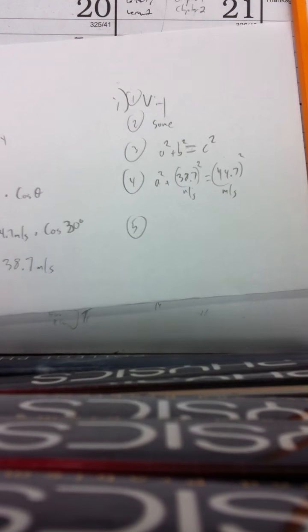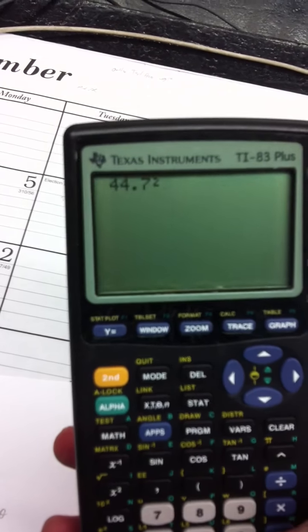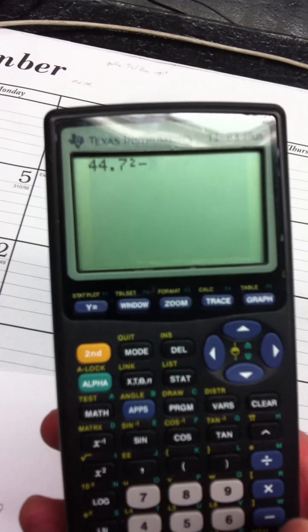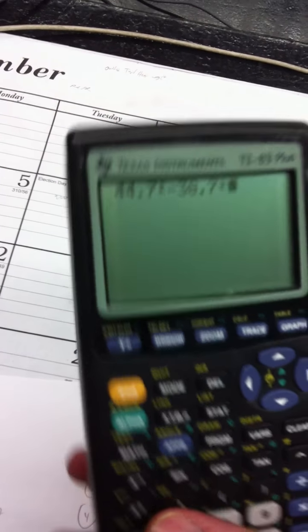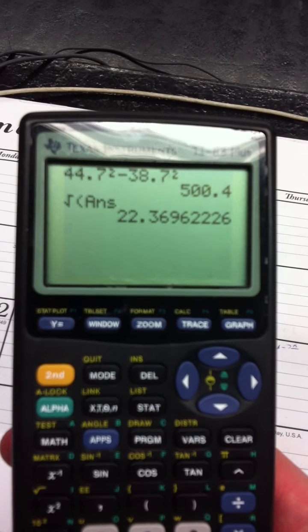So we solve for this. We're doing 44.7 squared, subtract 38.7 squared, and then we get 500, but now we have to get the square root of that. We get an answer of 22.4 meters per second.